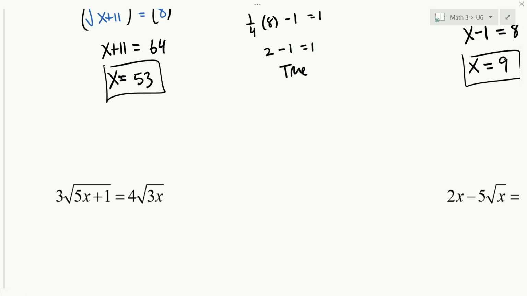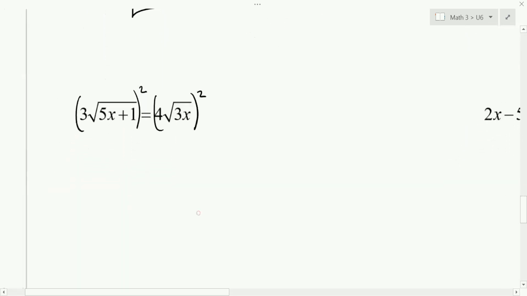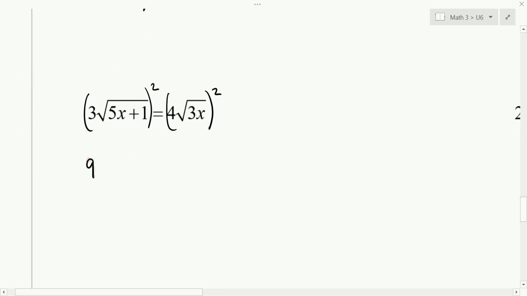So I'd say that's the only exception. If it's going to make it uglier, don't do it. And just here, probably the best thing to do is to square both sides as is. Just be careful how you do that. When you squared both sides, Jake, what did you get? Good, and that's the way to do it.